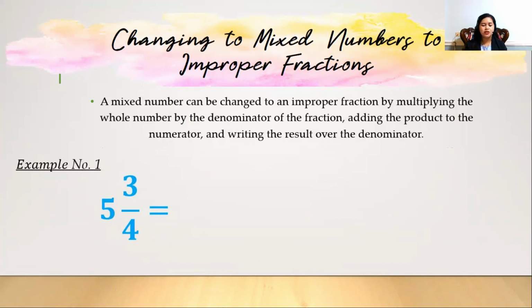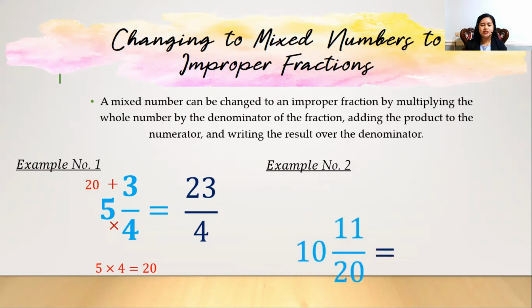First we multiply the whole number and the denominator, 5 times 4, which is equal to 20. Then you add the product to our numerator, which is 3. So 20 plus 3 is 23, and then you copy the denominator, which is 4. So 5 and 3/4 is equal to 23 over 4.